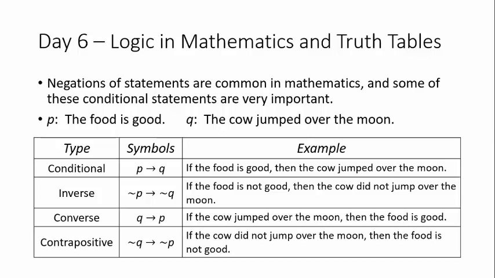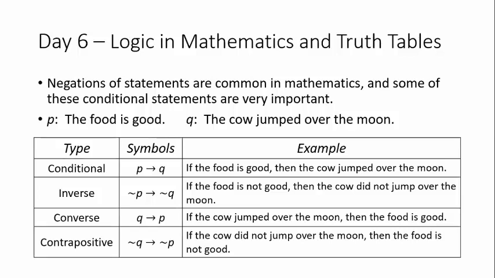Negations are common in mathematics. And some of these conditional statements are very important. They're so important they have names. So we have examples here. We're using the statement P, the food is good, and the statement Q, the cow jumped over the moon.